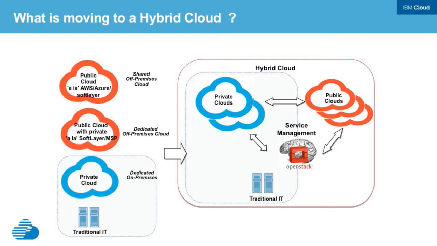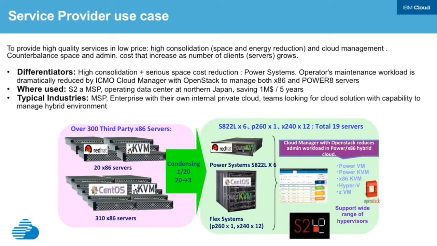Now to give you two real examples that I actually stole from recent clients. I took one MSP client, a Japanese provider, and they went to a hybrid cloud because they wanted to condense and save a lot of money.